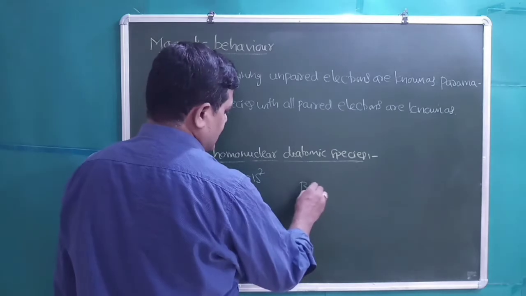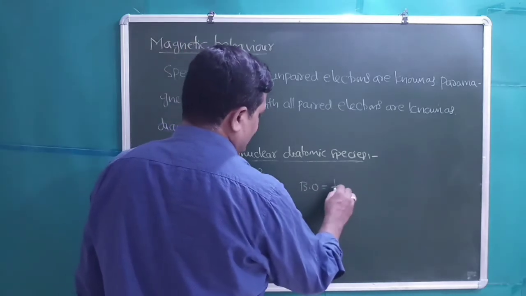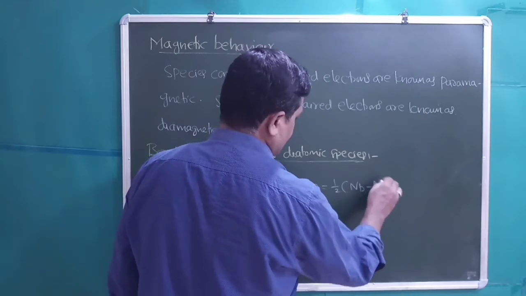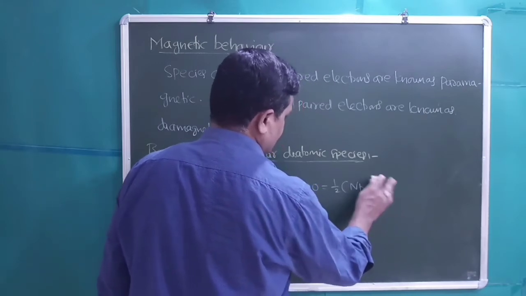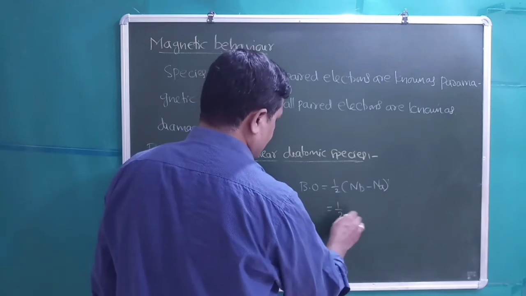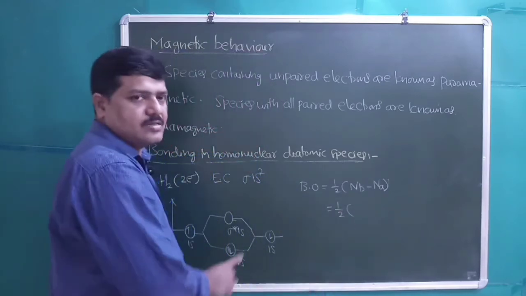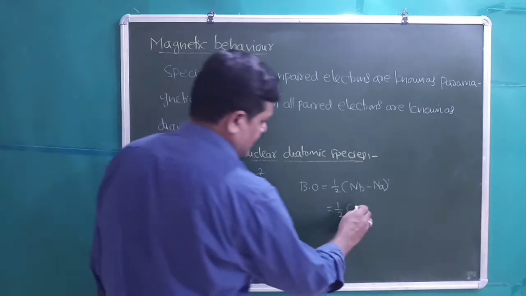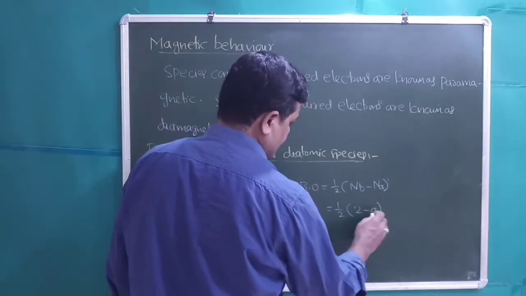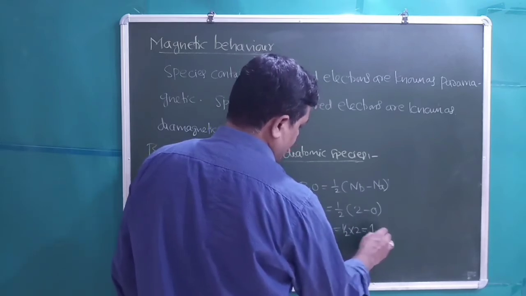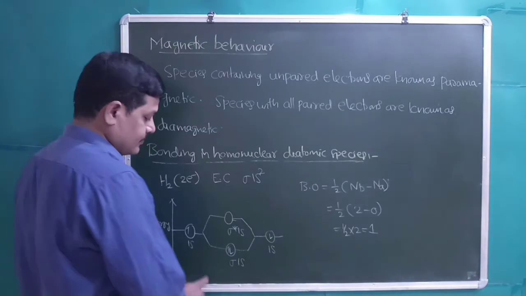Then bond order is equal to half into number of electrons in bonding molecular orbitals minus number of electrons in the anti-bonding molecular orbitals. So half into, both the electrons in the H2 molecule are present in the bonding molecular orbital, so 2 minus 0. So 1 by 2 into 2 is equal to 1. Bond order is 1.